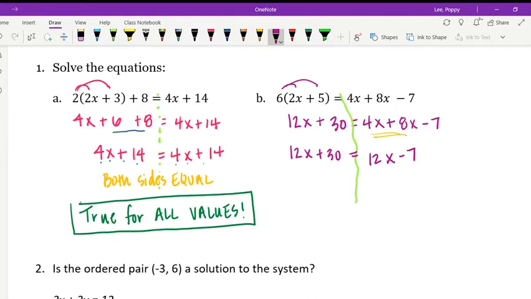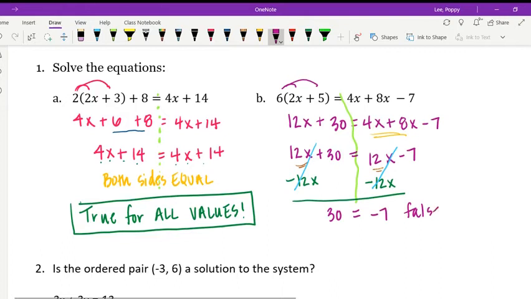Now I'm looking at those and both sides are not equal. As far as I'm focusing in on that 12x there, if I were going to take 12x away from this side and combine it over here on this side, what technically happens is the 12x cancels there, the 12x canceled there. So I'm left with 30 equals negative 7 over on that other side. That is 100% false.